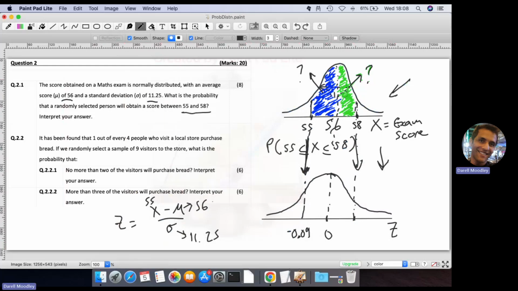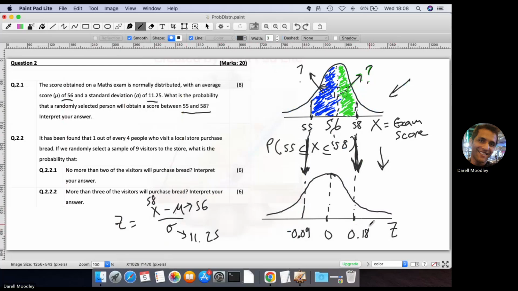Then you do the same thing for the other x value, 58. You plug in 58 here instead. So 58 minus 56 all over 11.25 will give you the equivalent z value of 0.18.